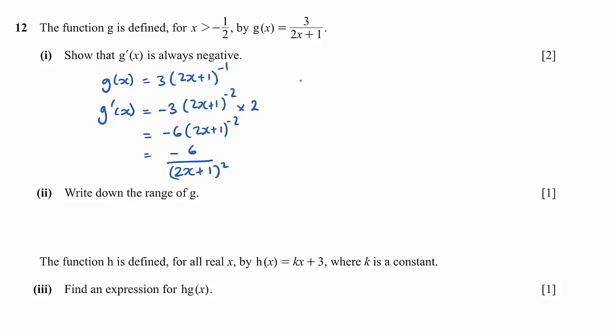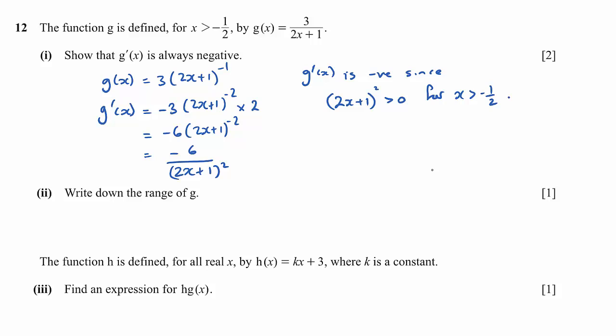And so we can say that g dashed x is negative since 2x plus 1 squared is positive for x greater than negative a half. In fact, it's positive everywhere that x isn't equal to negative a half.